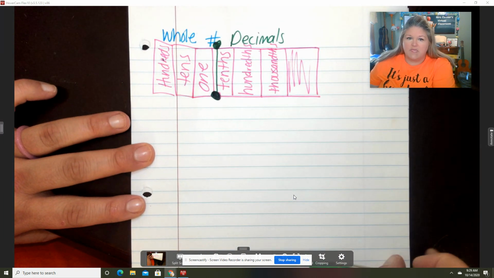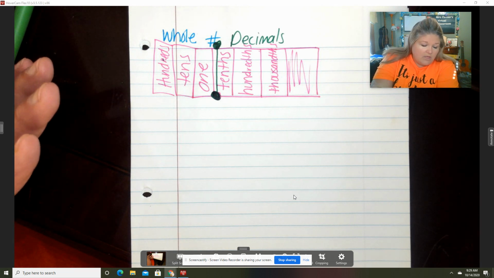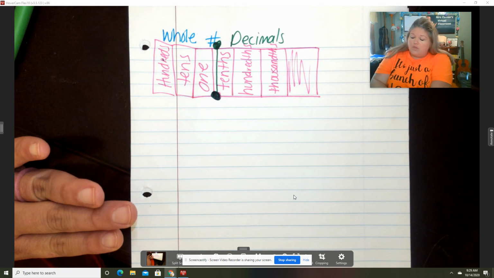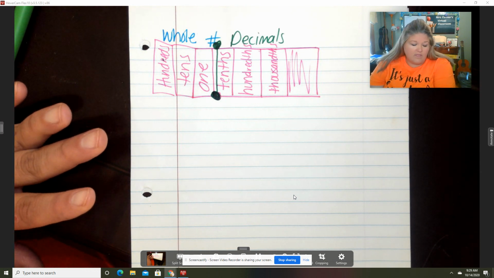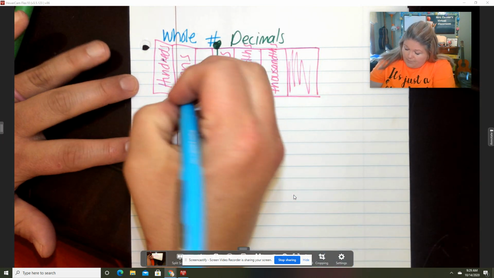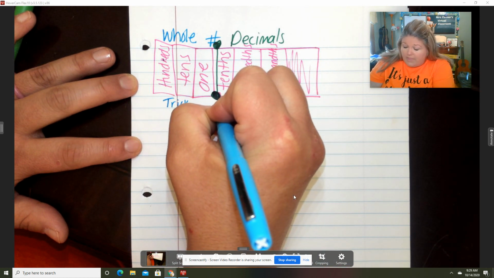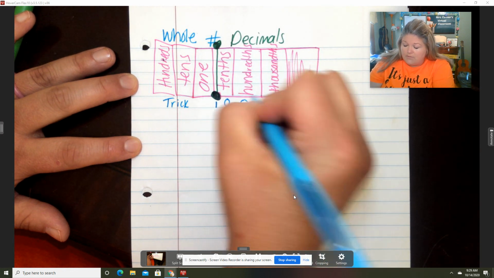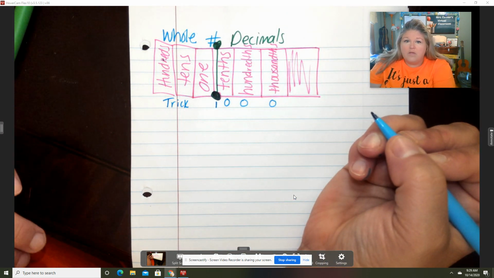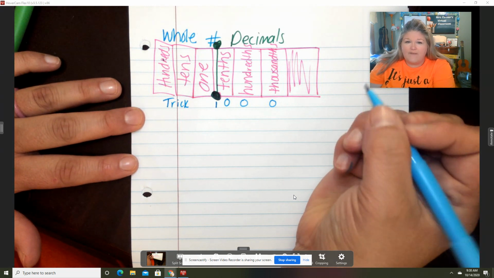All right. I'm going to show you a trick. So if you are unsure on how you know what place is what, there's a little trick you can do. You can put a 1 under the decimal and then put zeros under the place values in a decimal and know what place value they're in.